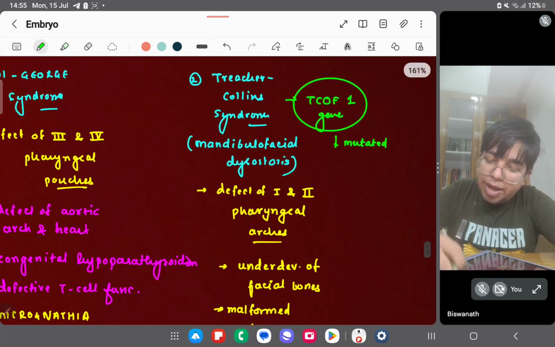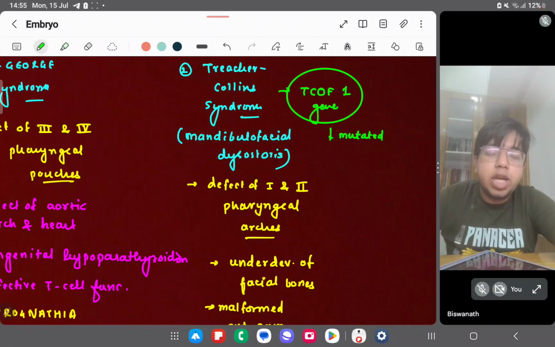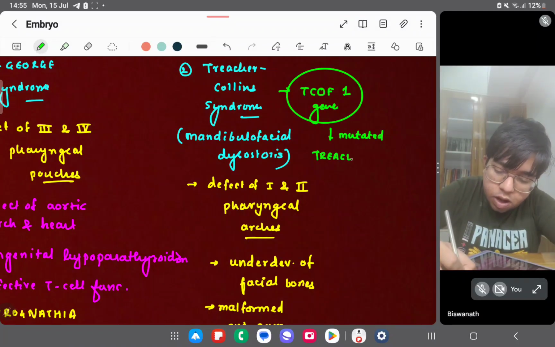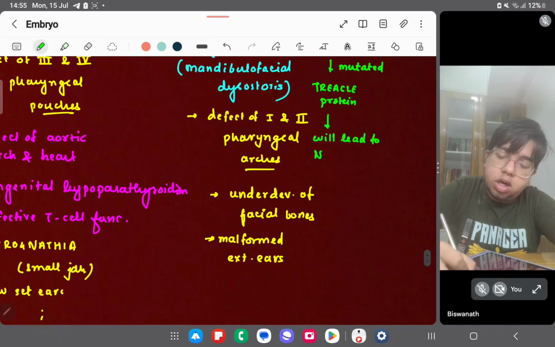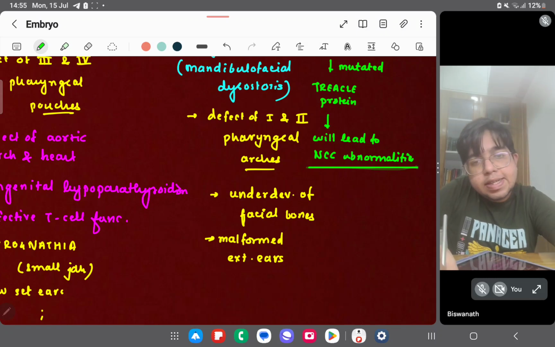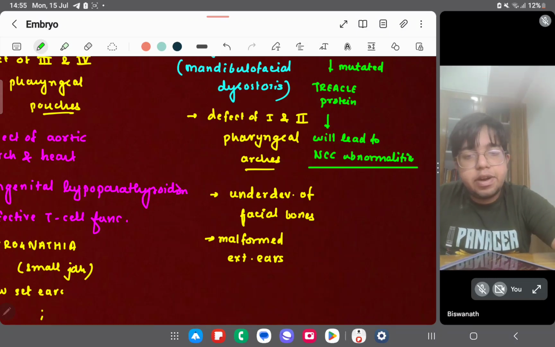I shouldn't go into pathogenesis, but if you want to know, if this gene is mutated, a nucleolar protein will be formed, named treacle. This treacle protein will lead to neural crest abnormalities. So all the derivatives of neural crest will be disturbed to some extent.